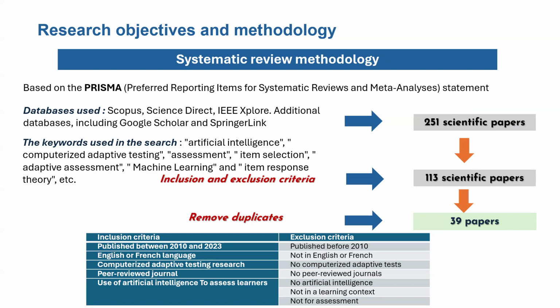By applying the inclusion and exclusion criteria mentioned in the table, we reduced our initial selection to 103 articles. A preliminary analysis of titles and abstracts, together with the elimination of duplicates, resulted in the selection of 39 relevant articles considered to answer the research question.